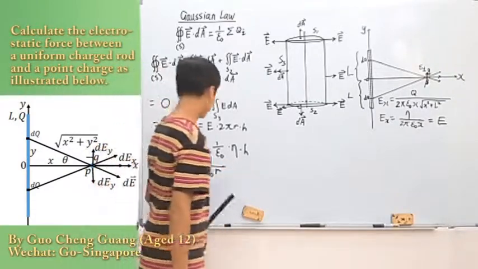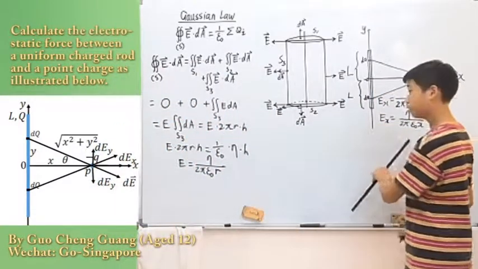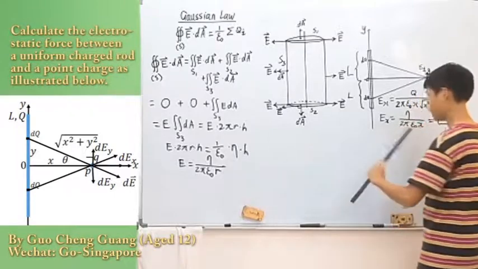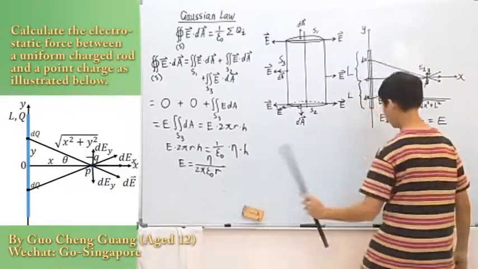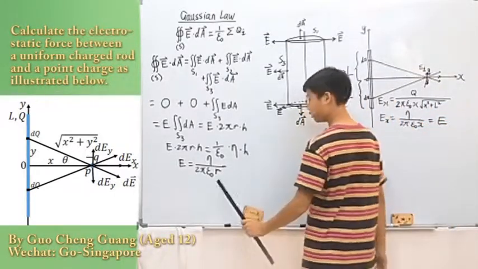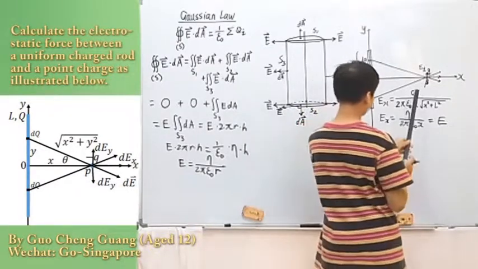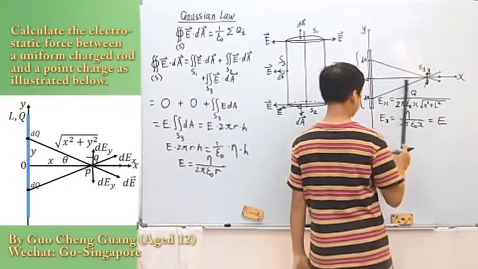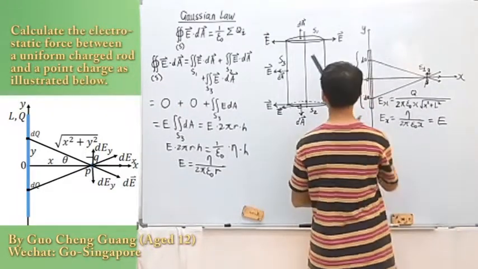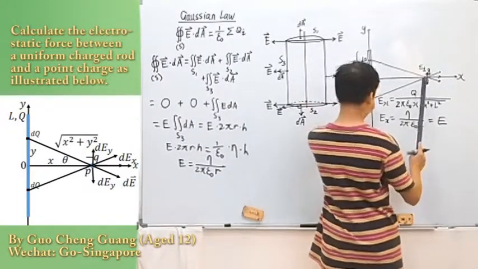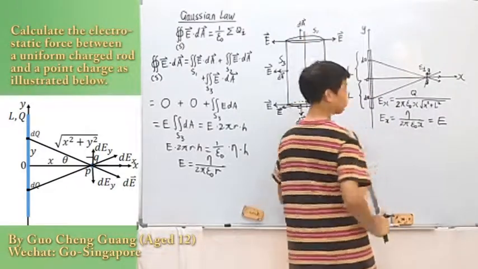Then we compare to what we have gotten before here. Eta is still the same, 2 pi epsilon naught, and r and x. Because here we used this part as x, while in this Gaussian surface we have used x as the r.